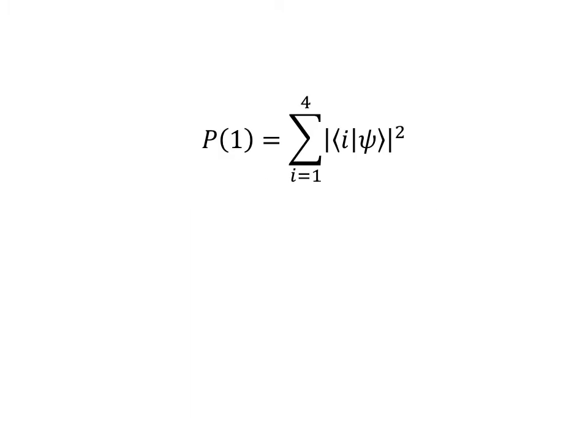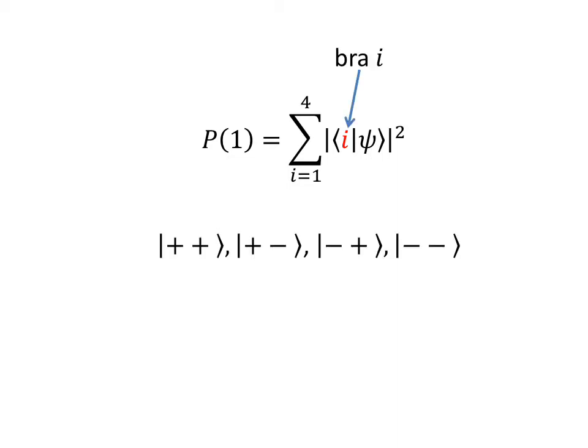Indeed, according to the rules of quantum mechanics, the probability to obtain one of the two eigenvalues of the operator S sub 1 is calculated in this case as shown, where bra i stands for the vectors of the orthonormal basis.